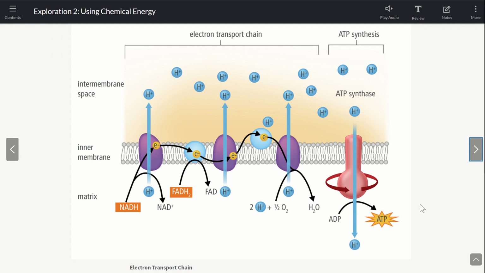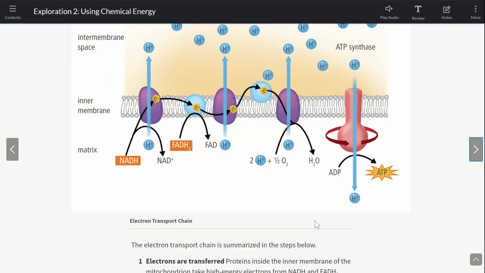It's basically like the radiator of your car. Without the radiator of your car, all of the explosions that are created in your engine would cause your car to blow up. But the radiator keeps it cool because it absorbs all of that heat. That's the same thing going on here. The water that is created in this process helps to absorb the heat and keep your cells from overheating.